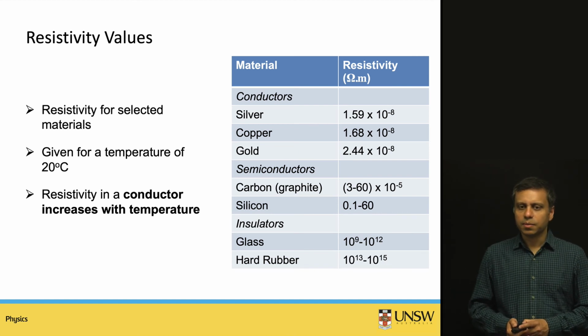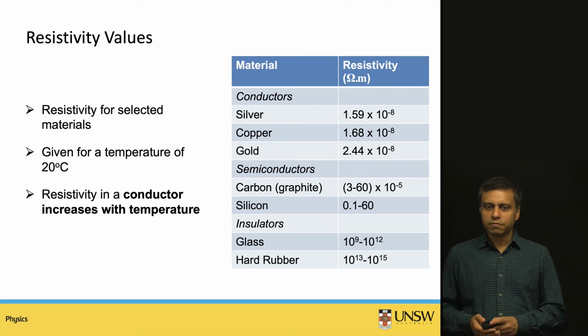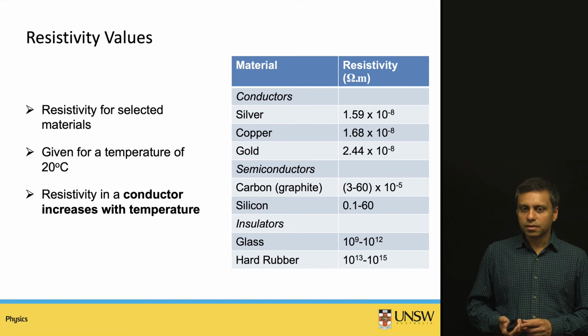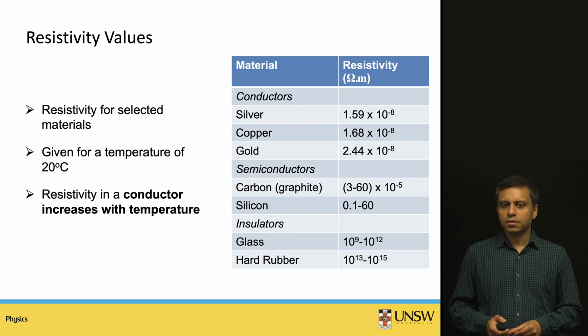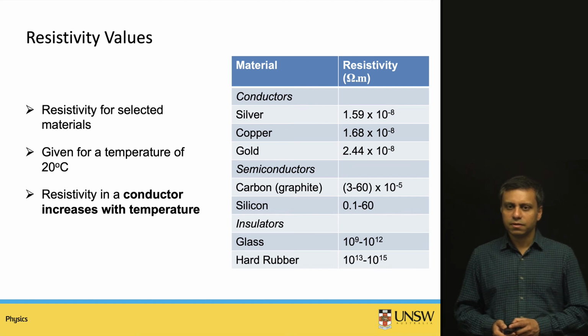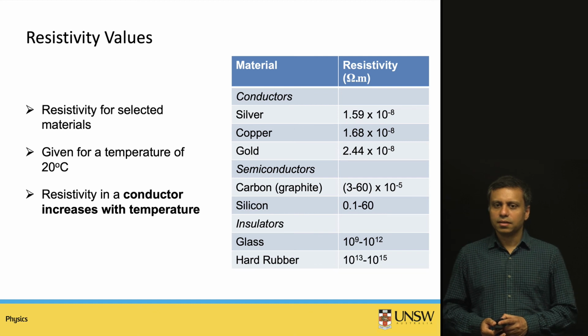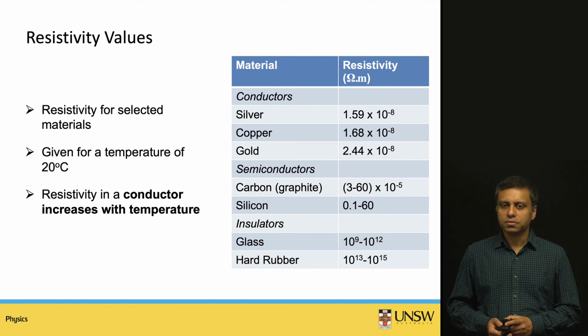Some examples are carbon, which is based on the material graphite, or silicon, which is used in most of the electronics that we use. You can see that their resistivities vary a lot. Carbon has a resistivity of 10 to the power minus 5 ohm meter, and silicon has something between 0.1 and 60 ohm meter.